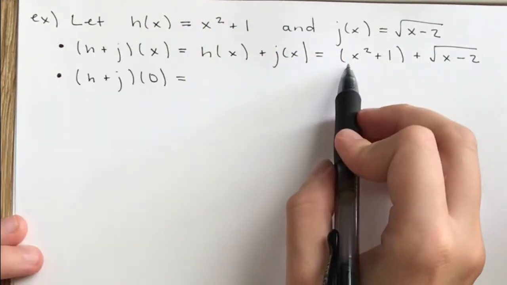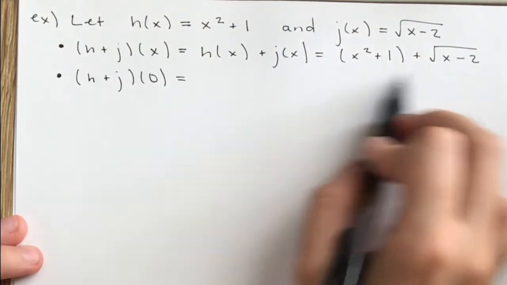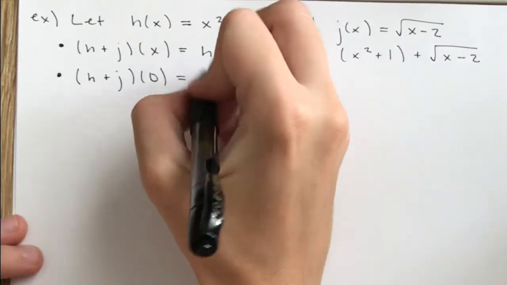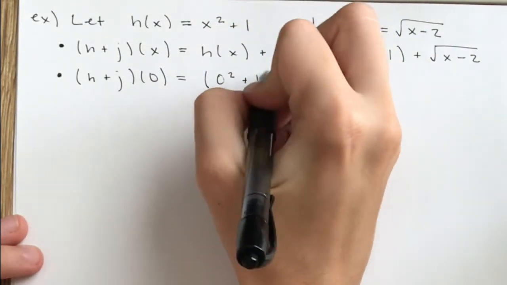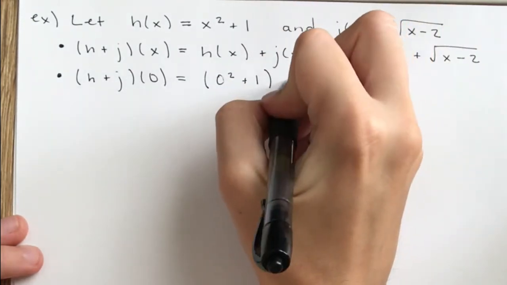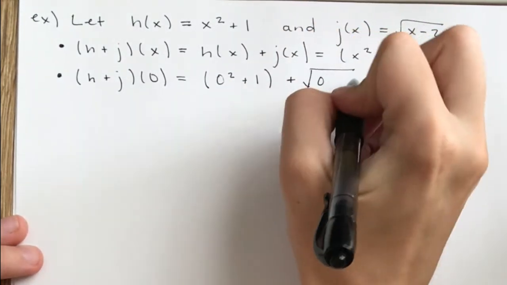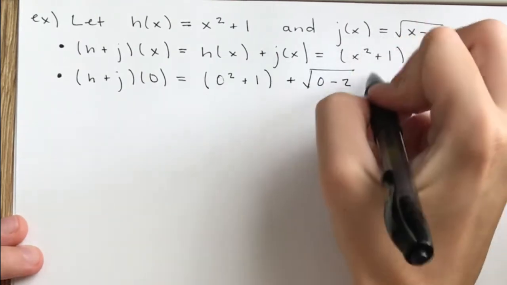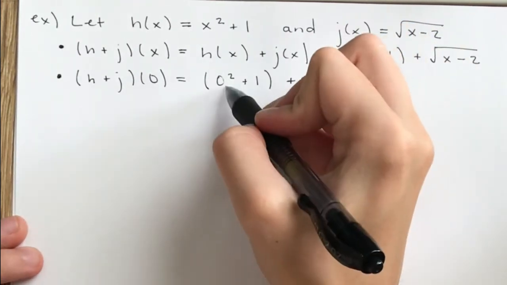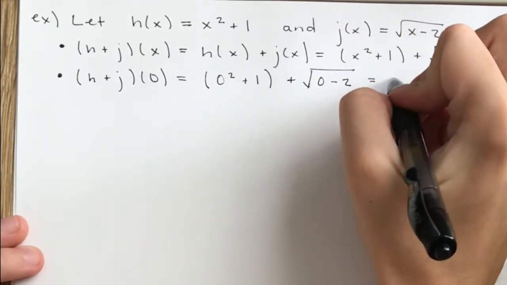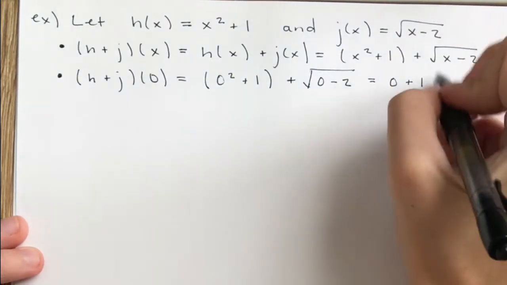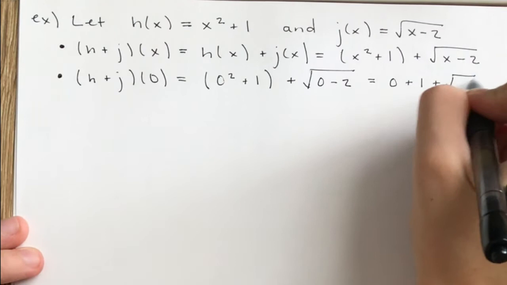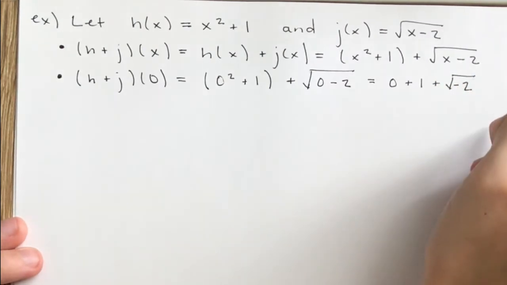So we can just plug 0 in here. So that would give us 0 squared plus 1 plus the square root of 0 minus 2. That gives us 0 squared is 0, plus 1, plus the square root of negative 2.